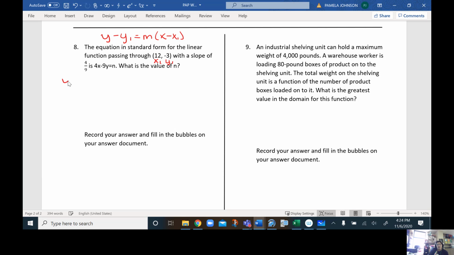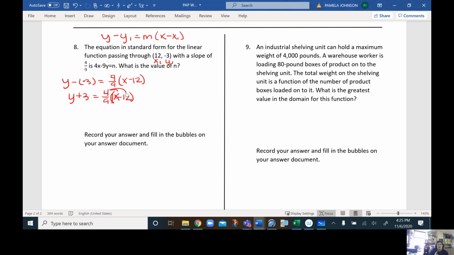All right, so y minus -3 equals 4/9 times x minus 12. This is going to end up being y plus 3 is 4/9 times x minus 12.